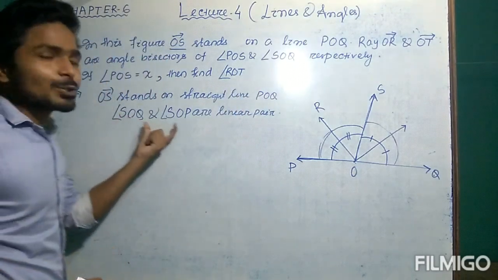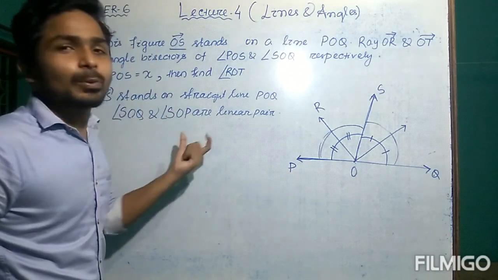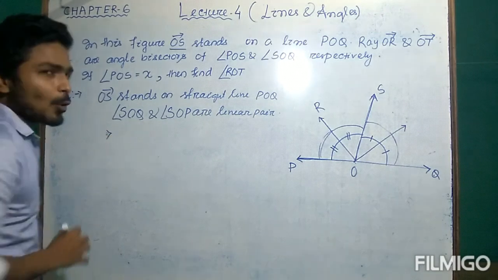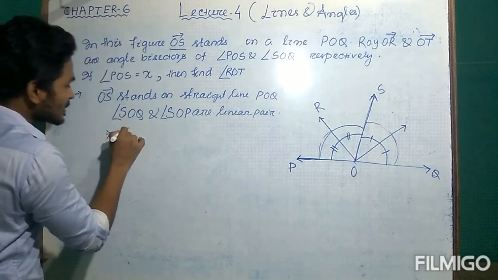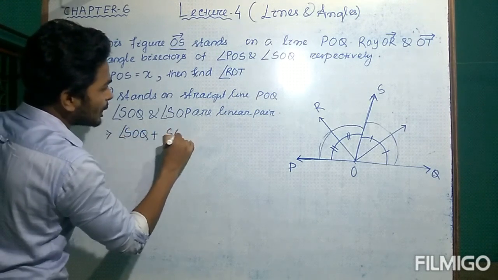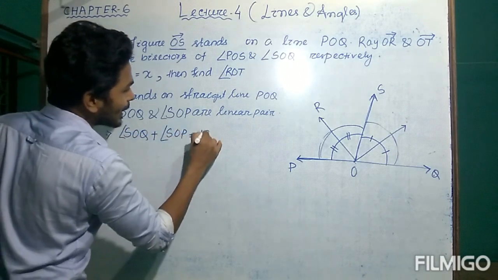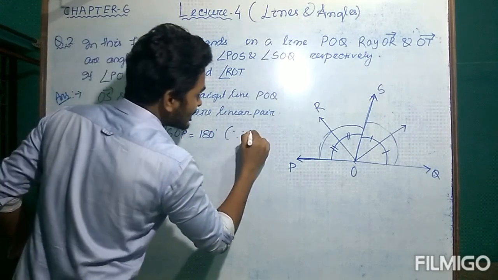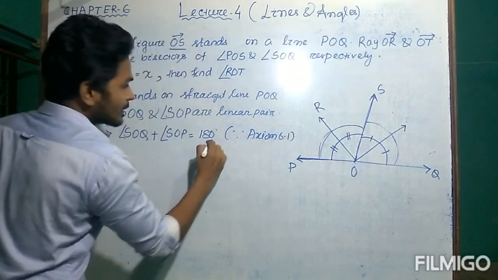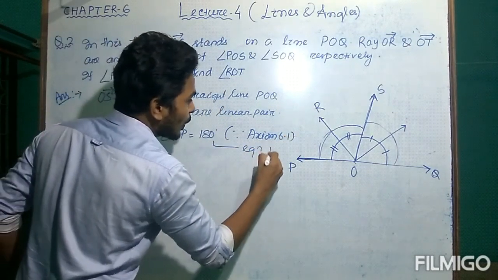Okay? Since these two are linear pair angles, that means the sum of these two angles must be equal to 180 degree according to the axiom number 6.1. So sum of these two angles SOQ plus SOP is equal to 180 degree. Write the reason due to axiom 6.1. This is equation number 1.